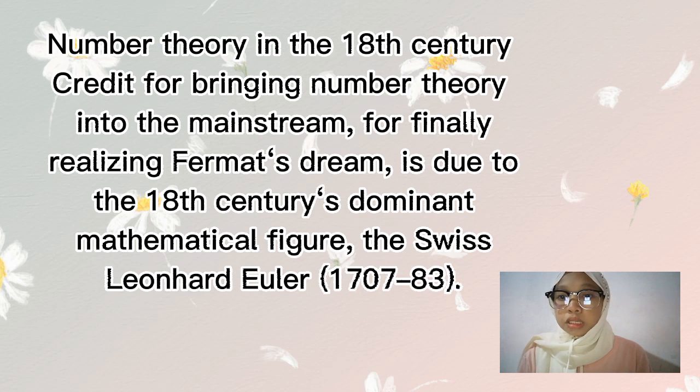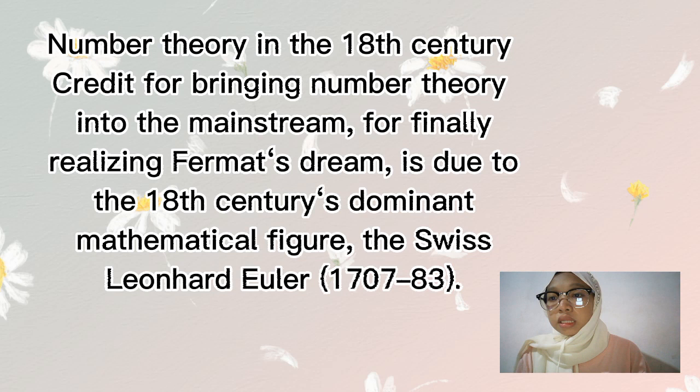He showed that Fermat's assertion was wrong by splitting the number 2 to the 32 plus 1 into the product of 641 and 6,700,417. Over the next five decades, Euler published over 1,000 pages of research on number theory, much of it furnishing proofs of Fermat's assertions.